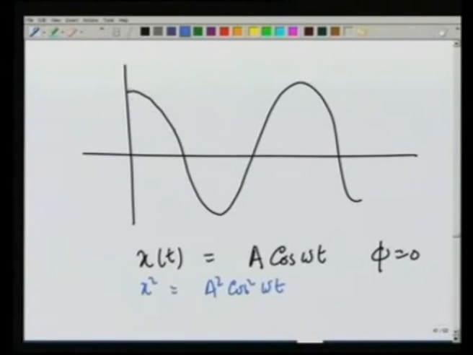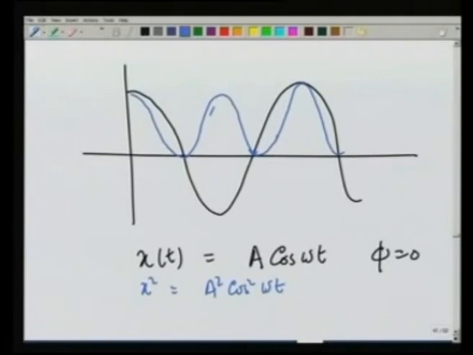It will start from here, go down, go like this, and so on. Notice that here it is less than the displacement curve. The square of a quantity less than 1 is less than 1.